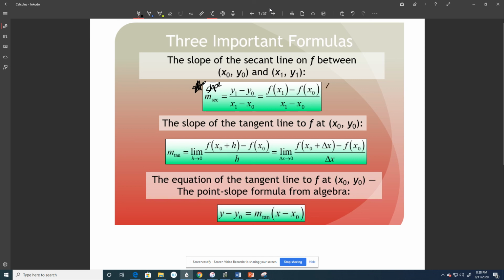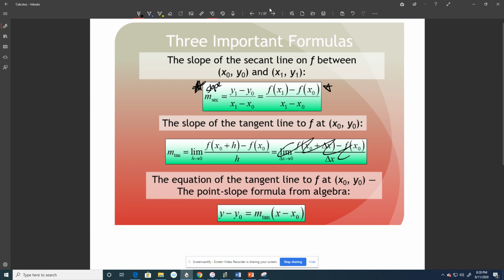Be comfortable with both of those forms. The slope of the tangent line, we're going to ignore this one for just a minute. The slope of the tangent line, when I move really close to my original x, when I make this h get really close to 0, when my x's are arbitrarily close, meaning they're pretty much the same point, then that gets me closer to the slope of my tangent, okay?